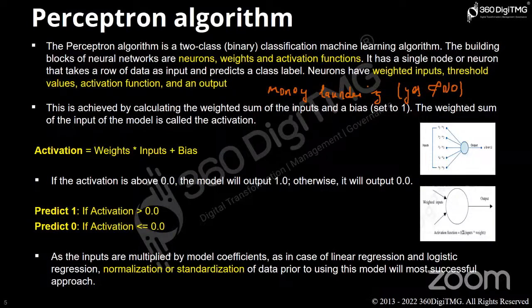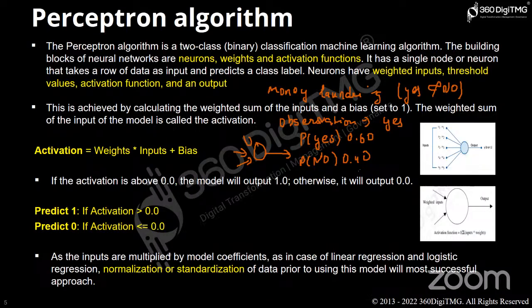We have yes and no. So what we do is we pass this information to a neuron. This neuron will give us some prediction. It will give us the probability of yes, let's say, for example, 0.60, and the probability of no, 0.40. So it will label this specific observation as yes. Okay, it will classify it as yes. All right. So this is what we do.